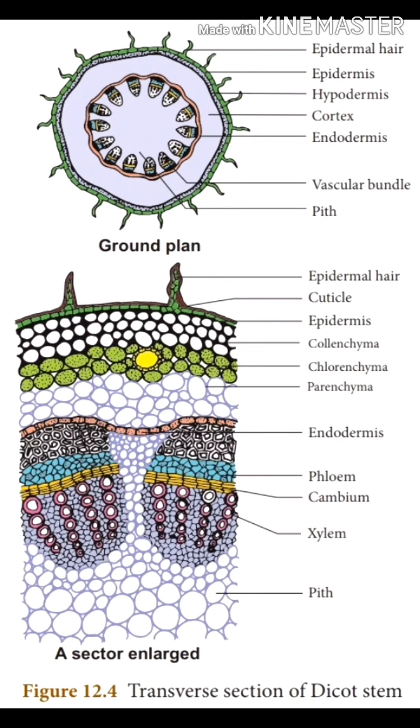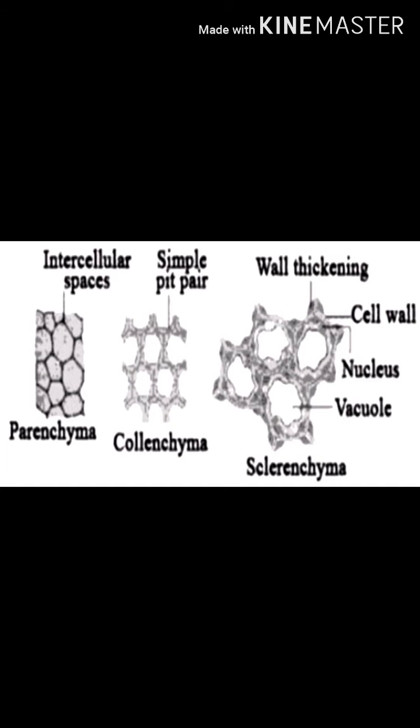Collenchyma is found below the epidermis. And what is epidermis? It is the outermost layer of cells covering the stem, root, leaf, flowers, fruits and seed parts of the plant. So this is collenchyma.